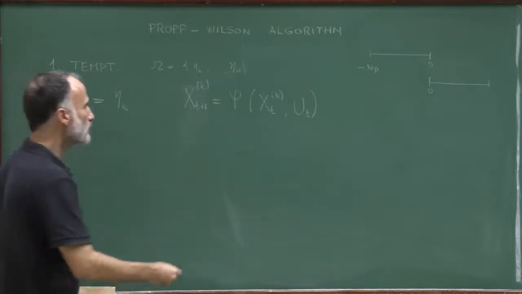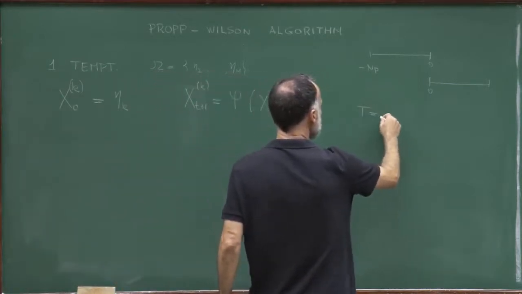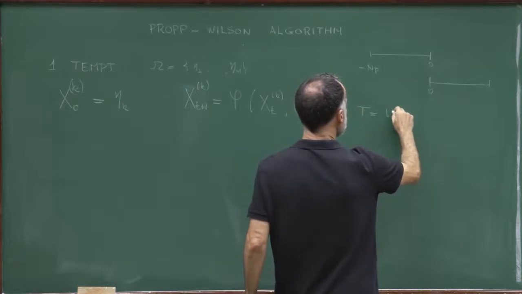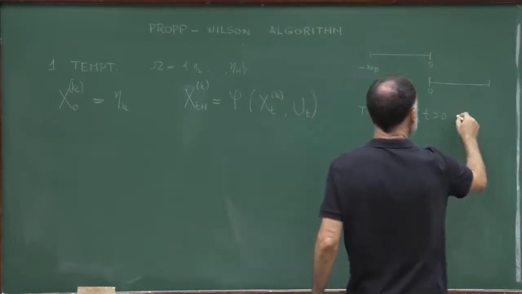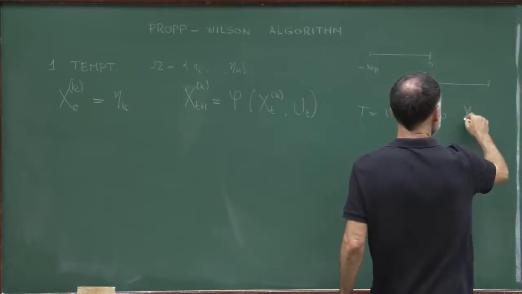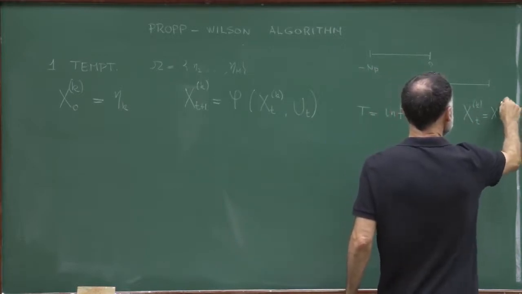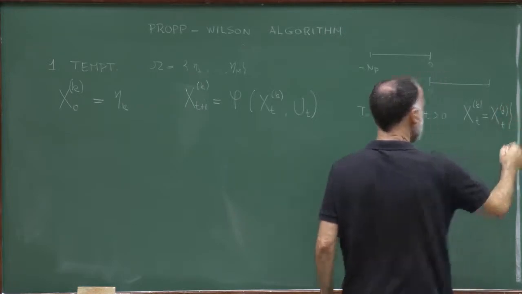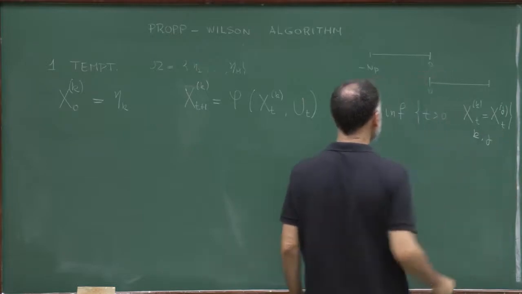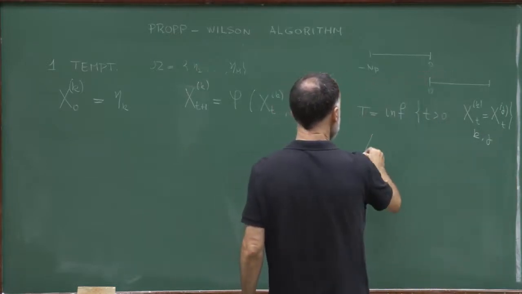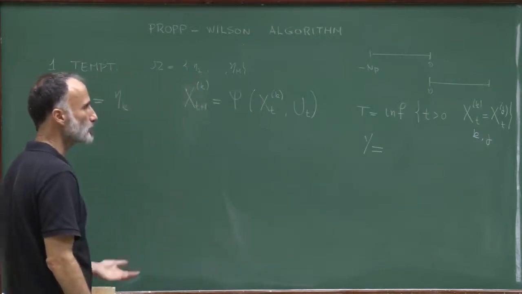And let's define capital T to be the first time, so the infimum of all times t, such that all these chains agree. So x k t is equal to x j t for all k and j. And let me call the output of this algorithm y.